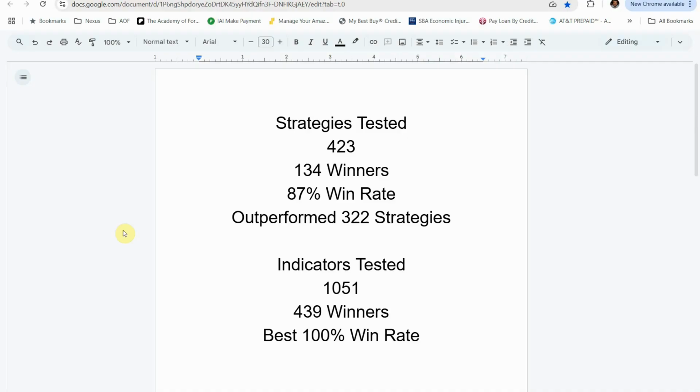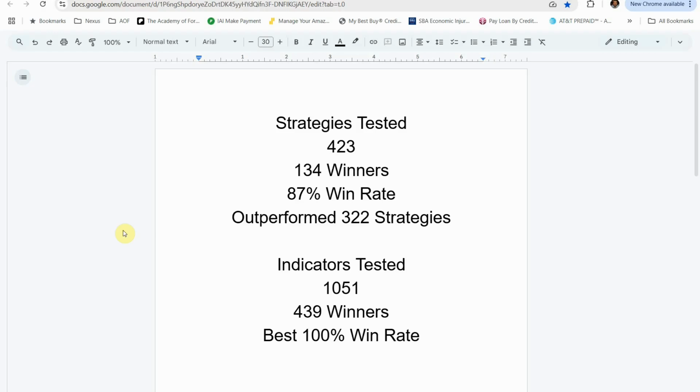Alright, as I said, today we will be testing a Forex scalping strategy. Before we do though, I wanted to put the testing scoreboard up for everyone to see. So to date, we have tested a total of 423 different strategies, with 134 of them being winners.